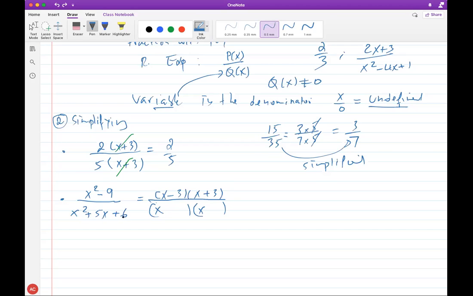Try again. Two numbers that multiply to 6 and add up to 5. The numbers are 2 and 3. Okay. So we factor. And what happens next?